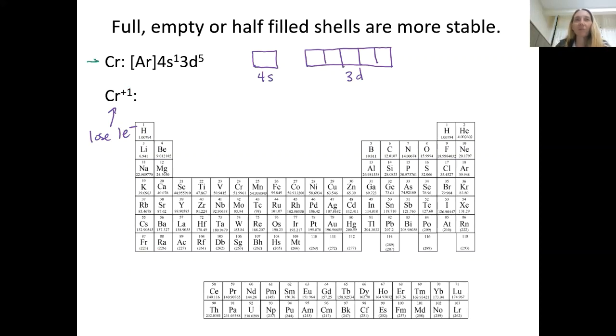So first off, I want to explain chromium. So chromium has argon, okay, and then it's right here. Okay, so if I were to follow the rules of filling this up, I would say 4s 1, 2, 3d 1, 2, 3, 4.